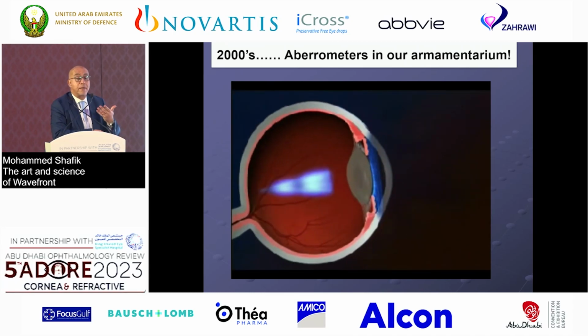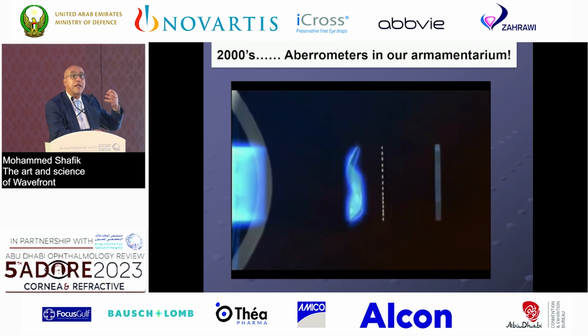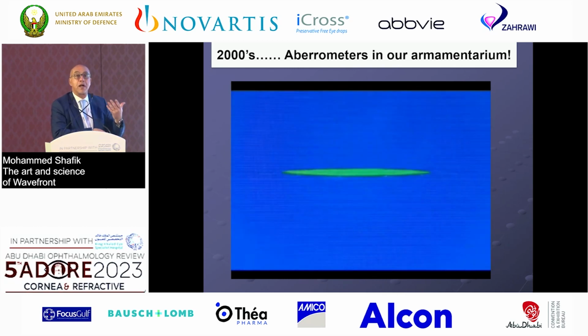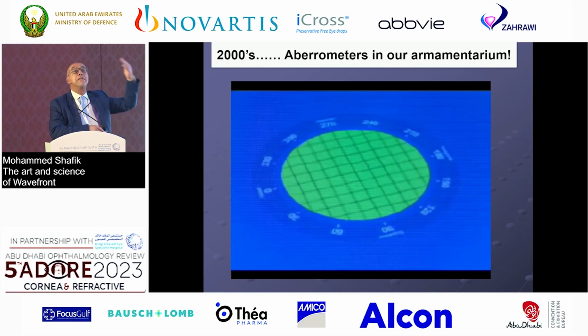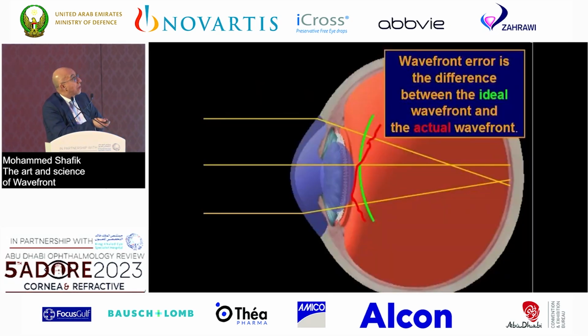It was really something very strange to see how the patient is seeing, to see the true retinal image with its distortion, and to describe it in the same forms that Zernike gave us 70 years ago. And of course, he won the Nobel Prize for that.